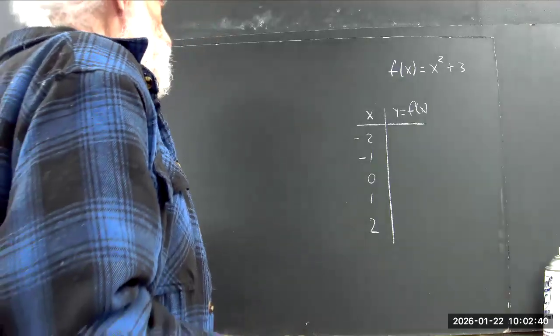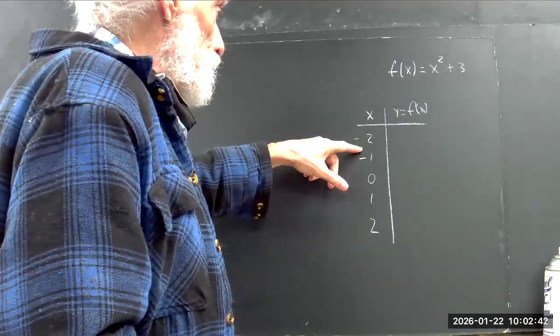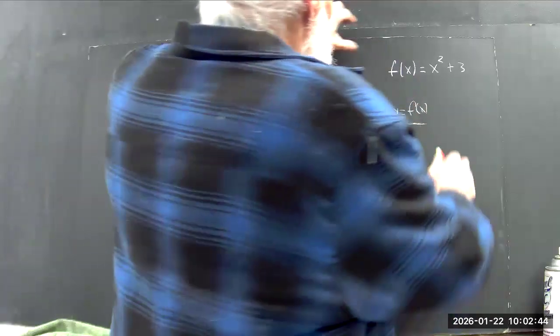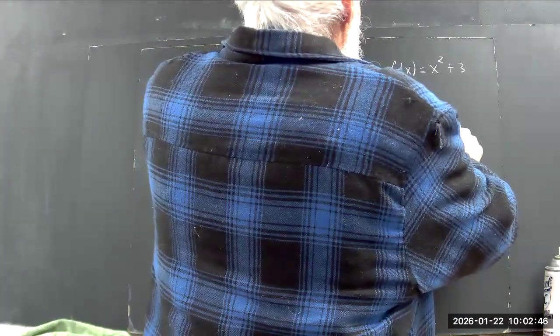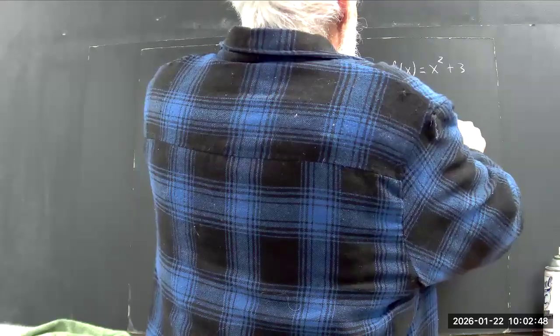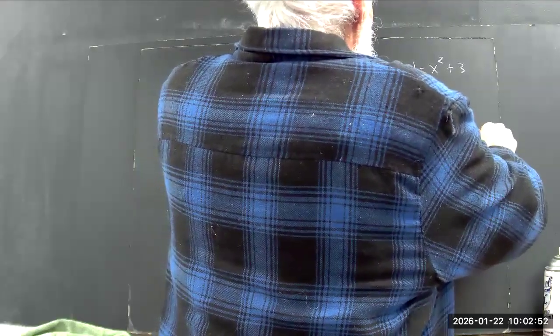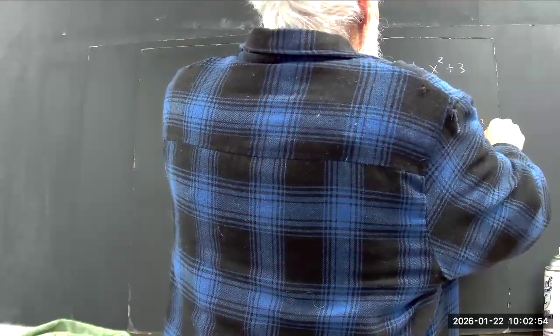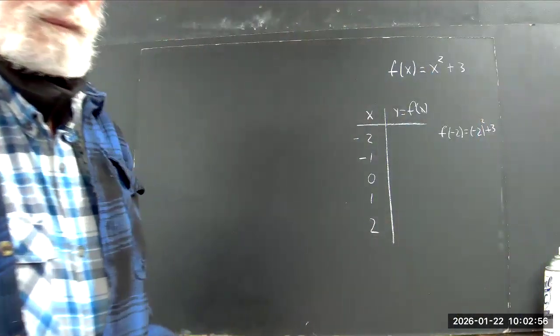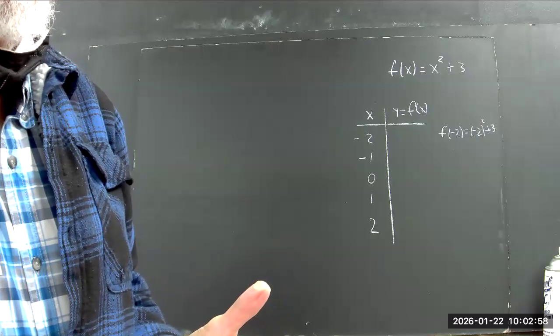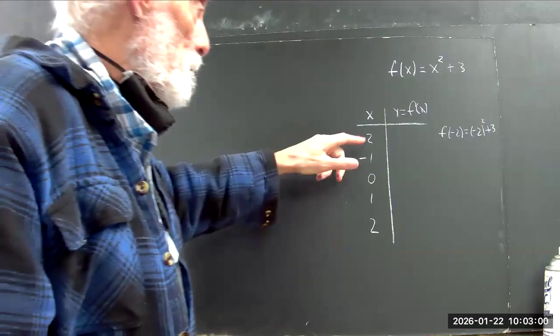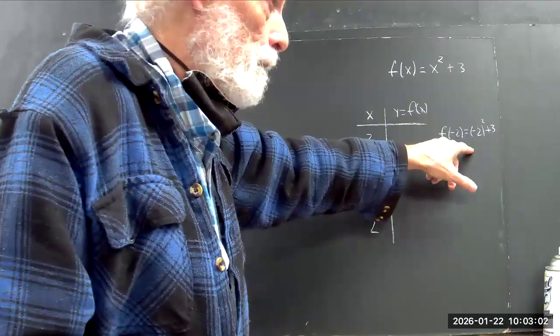As we did last time, when x is -2, over here to the right, I'm going to write f of -2 equals (-2) squared plus 3. Make sense? Because I'm just plugging -2 into the definition.